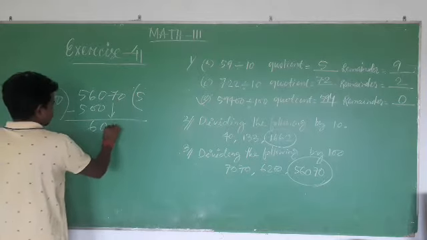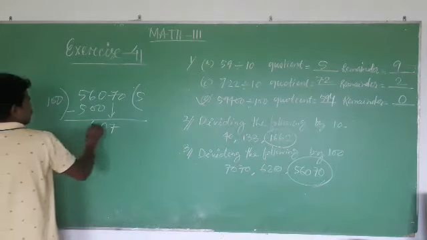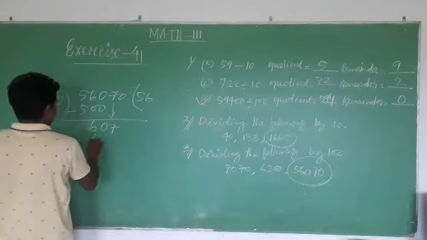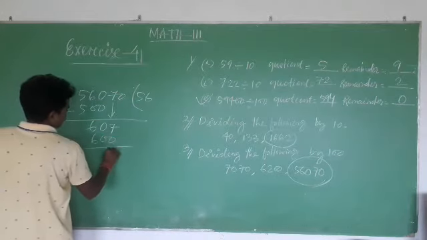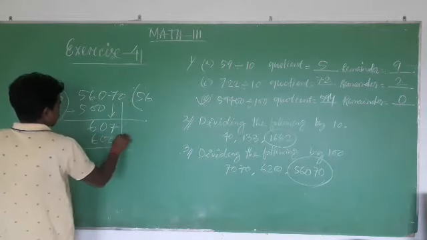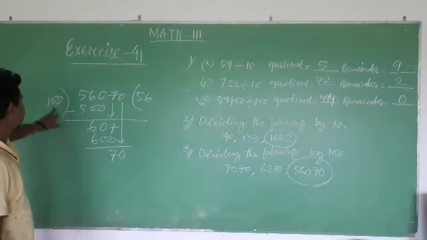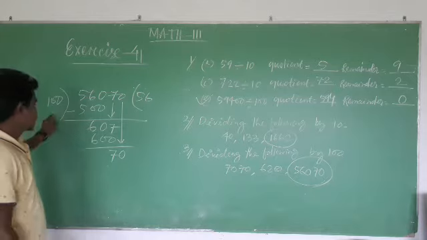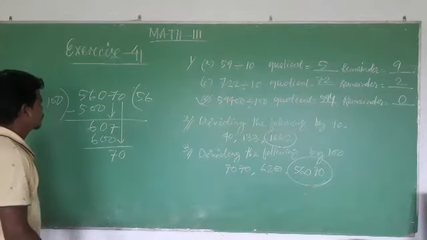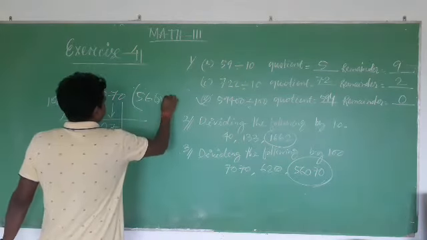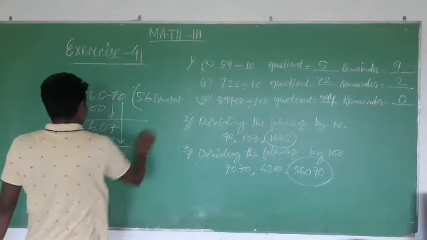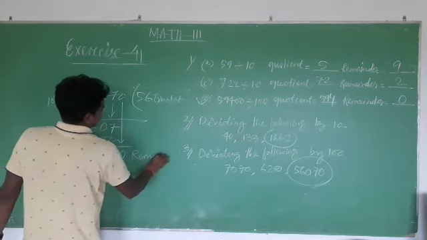Then 7. Okay. 100 6 is 600. 7 and then what? 0. So 70 is smaller than 100. 70 will be the remainder. This one is quotient and this one is remainder.